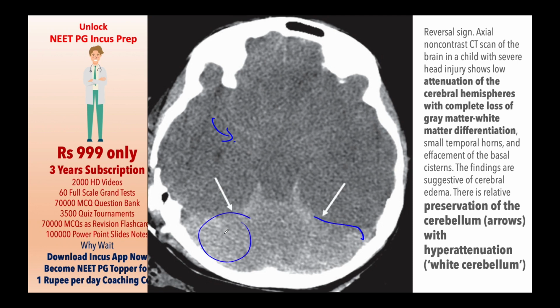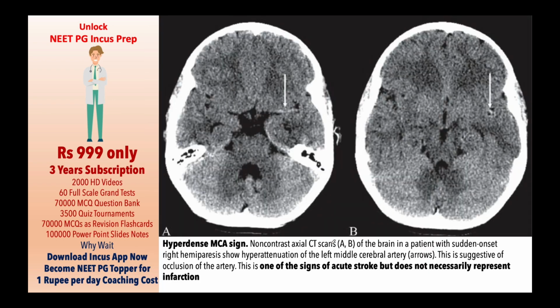The cerebellum is relatively preserved, and there is hyperattenuation, increased intensity of the cerebellum. That's called white cerebellum. What is this called? White cerebellum. And typically you see it whenever there is a severe head injury in a child, is what you need to remember. The next neuroradiological sign par excellence, which is a favorite question of the NEET PG entrance exam, doctor.